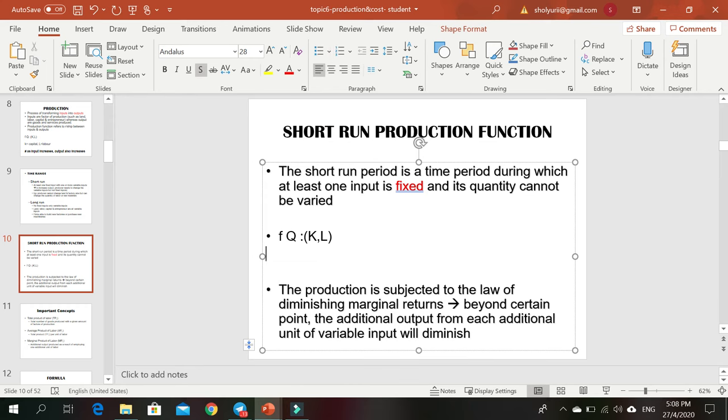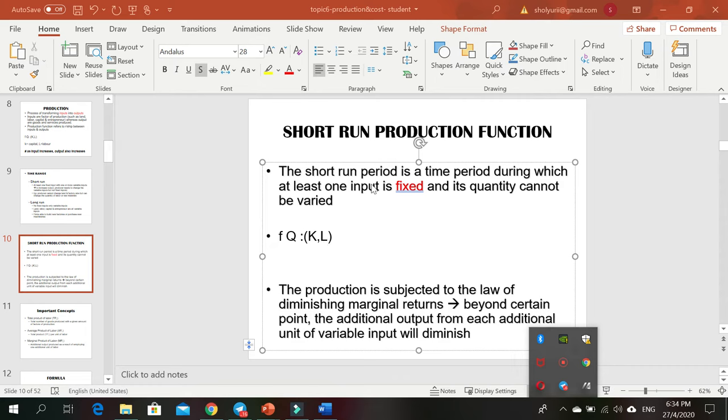Okay, so dia bagi tahu dalam short run ni ada 2 input, right? So one input must be fixed. Okay, so in the short run, one input is fixed because we assume that we only use 2 inputs, which is capital and labor. The other, which is land and entrepreneur, we assume as already there.